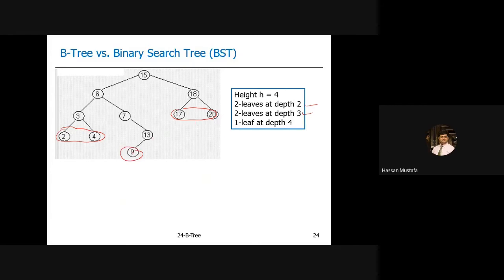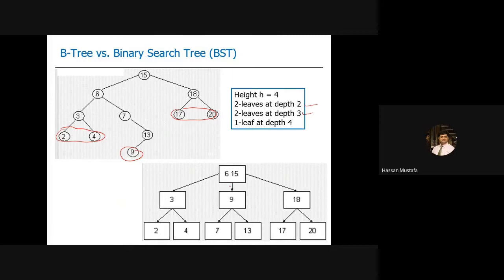So we have these leaf nodes at different levels, whereas in a valid B tree, we should have such a shape, this is a B tree of order 3, and all the leaves are on the last level. So this is another perspective of looking at a B tree and a binary search tree, that a B tree has a very symmetric structure instead of a binary search tree.